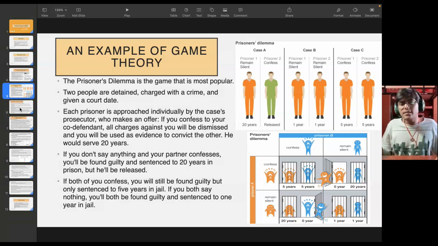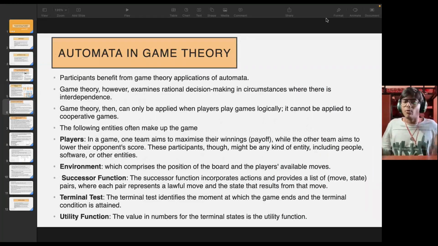The following entities often make up the game. What are the following entities? Players, environment, successor function, terminal test, and utility function. So these are the entities that often make up a game. Let me write them down and then I'll show you. You should also write them down.